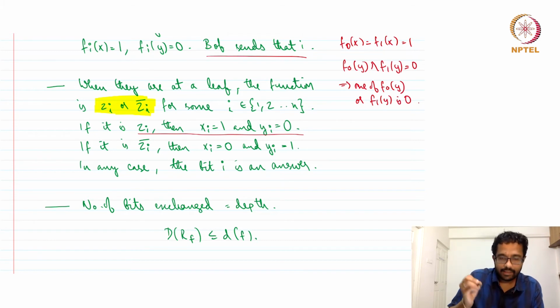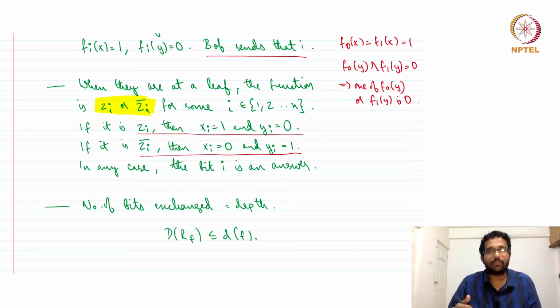If the symbol at the leaf is Zi complement, then we know that xi is 0 and yi is 1, because for any string with xi equal to 0, Zi complement is 1, and for any string with yi equal to 1, the yi complement is 0, right? So in either of these cases, we will output the index i.